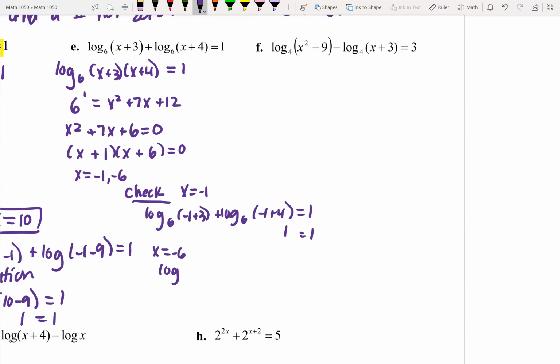You must write down log base 6 of -6 plus 3. That second, I know it's invalid, okay? Then we're going to go plus log base 6 of -6 plus 4 is equal to 1. I'm going to write the words invalid solution. I'm going to come up here and write x equals -1. That's the answer that I boxed.